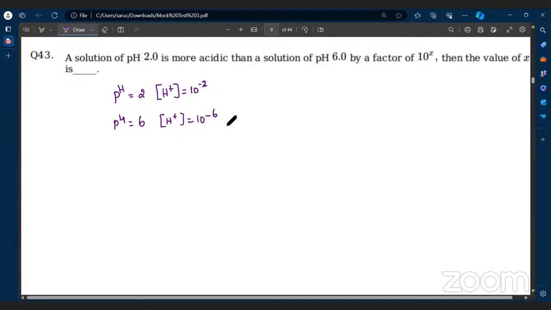Now, what is the factor? The difference is going to be 4, so the factor is 10 power 4. So the answer is 4.